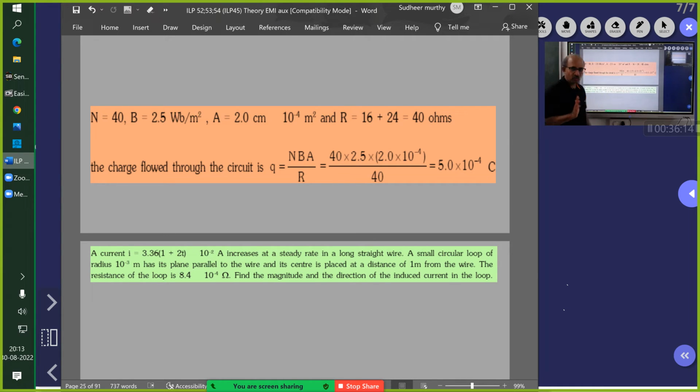So let us read the problem once again. A small circular loop of radius has its plane parallel to the wire, and its center is at a distance of 1 meter from the wire. One interpretation of this sentence was like this. Now let us see the other interpretation.